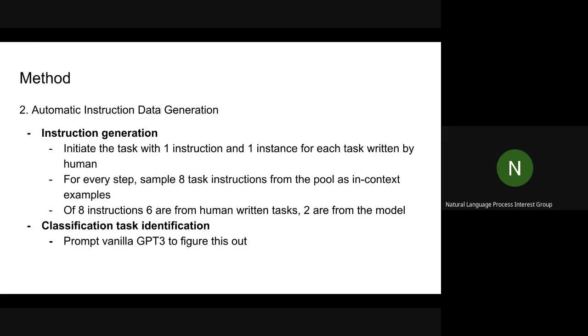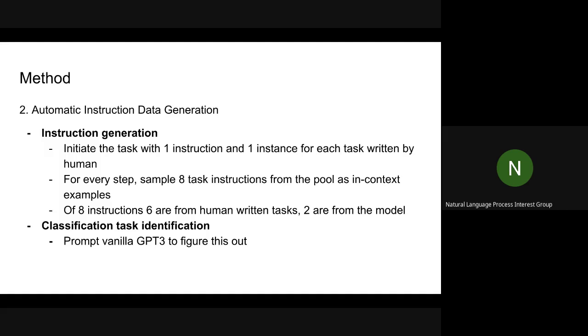So for example, if it's a classification task, all it would have to do is, if the instruction was like classify this, and then you're given a sentence and the output is just a classification, like a word. Instead of doing that, what they want is to have it generate an example, right?